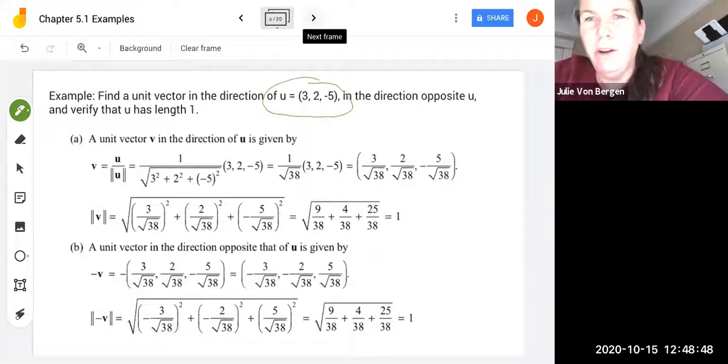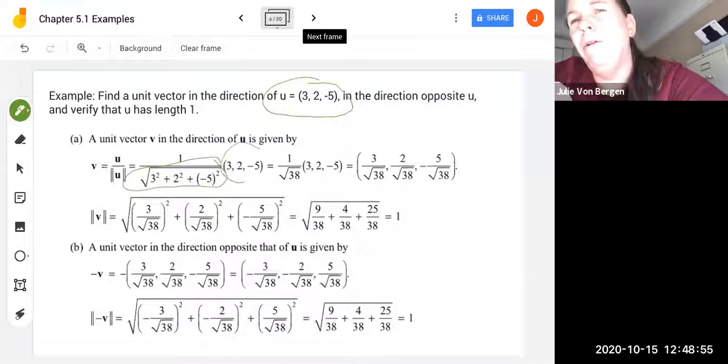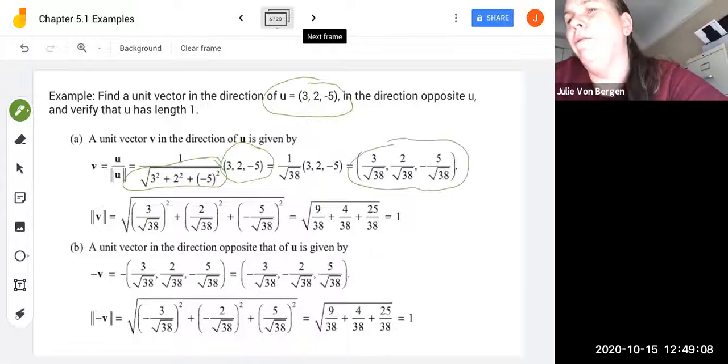So normalizing our u, we're going to have 1 over the norm of u multiplied by each component of u. You can verify the norm of u here is the square root of 38. So we're going to have 1 over the square root of 38 multiplied by our vector u. When we normalize it, we usually write it with the roots on the bottom. I know that's not rationalized form, so just be careful if you do any calculations in SymPy.